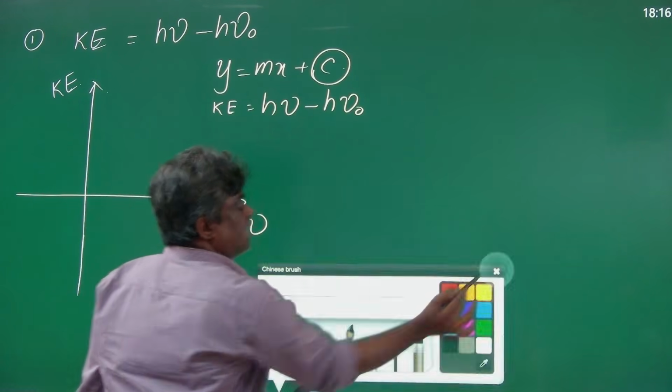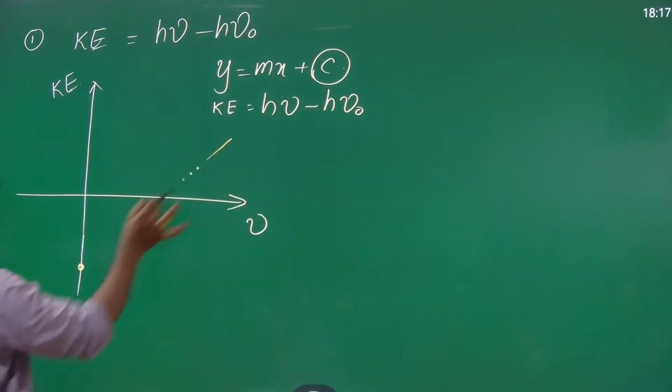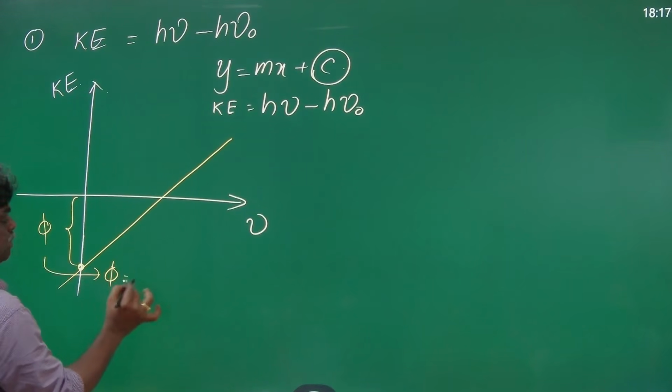So is your straight line intercepting the y-axis on the negative side or positive side? Okay, so that's it. And could you please tell me what this is? Work function. This work function phi is nothing but h nu naught.